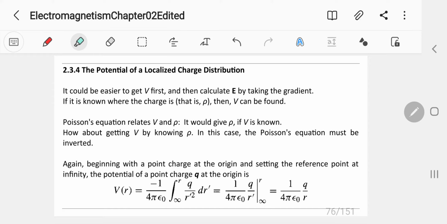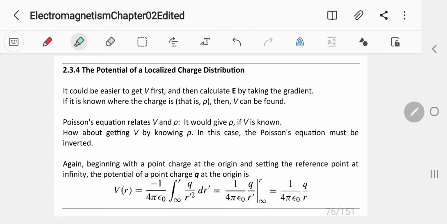If we get the gradient of V, all the components of E can be derived from the gradient.